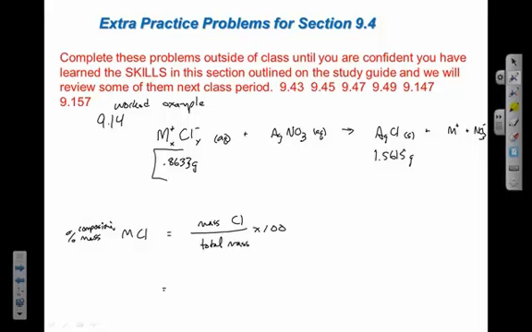I know the total mass of the compound, that's given to me. So I just need to know what's the mass of the Cl part of that. So I need a little bit more space here.